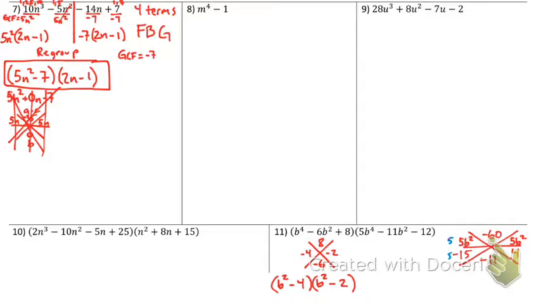So 5 divided by 5, that gives me 1b squared. 15 divided by 5, that gives me -3. Okay? So that means my magic pair for this guy, or my parentheses look like this, is going to be b squared minus 3 and 5b squared plus 4.